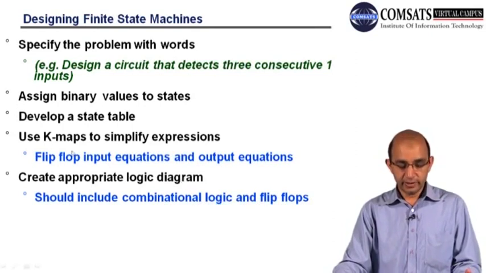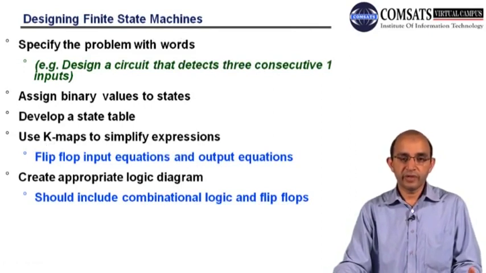This bullet is very important. As I have mentioned, we have the combinational circuitry and the sequential logic, and both are involved while designing finite state machines. Here we can simplify the combinational logic.